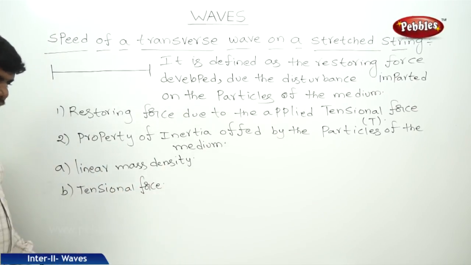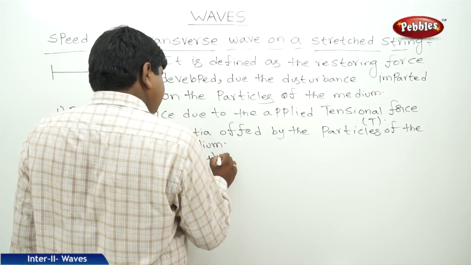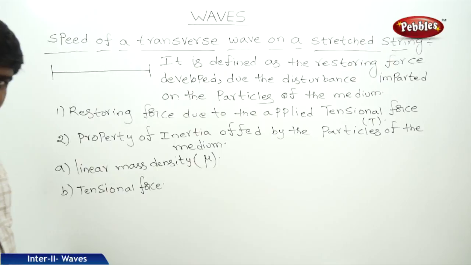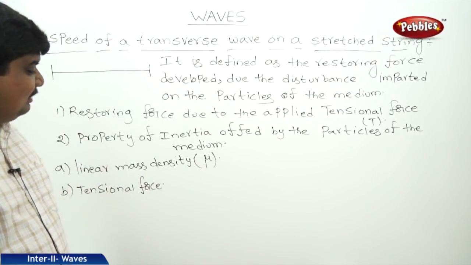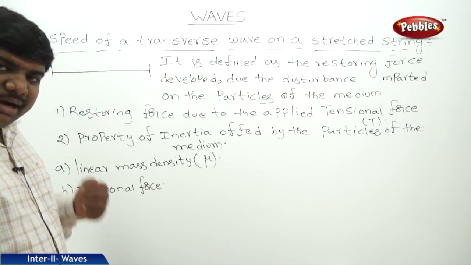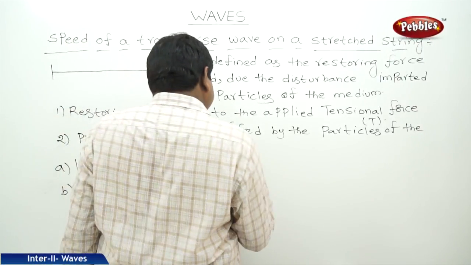This linear mass density is represented by the symbol mu. What is the definition of linear mass density? Linear mass density is defined as mass per unit length of a given medium.